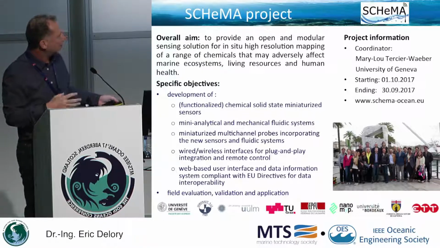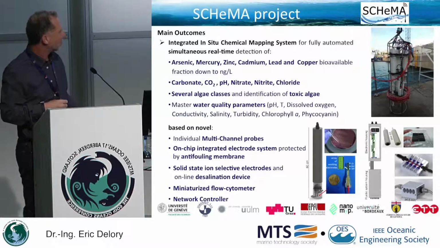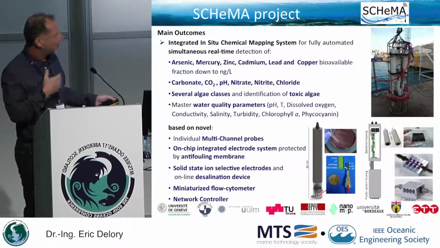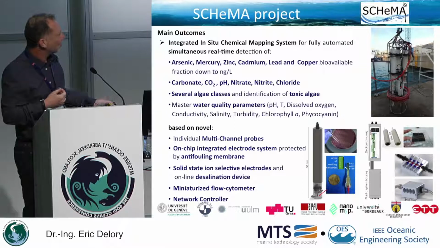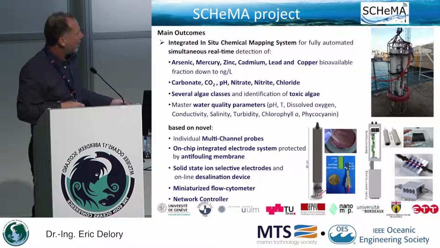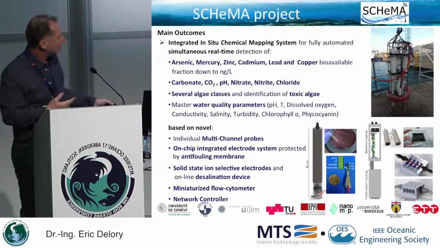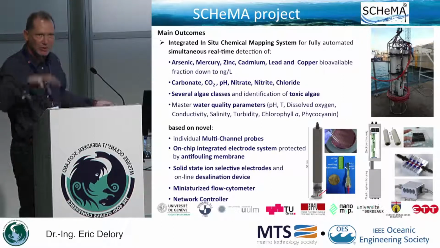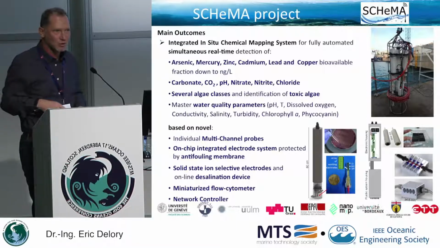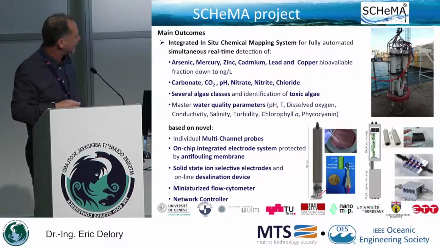With analytical chemistry taking place on board autonomous systems here, measuring different species of metals, heavy metals, so for contamination measurement, here also measuring nutrients from carbonate to nitrate, and also measuring several algae classes, classified as toxic algae here. So quite a multi-purpose system, as you can see, that fills in a frame and can be used for specific purposes or broader purposes.